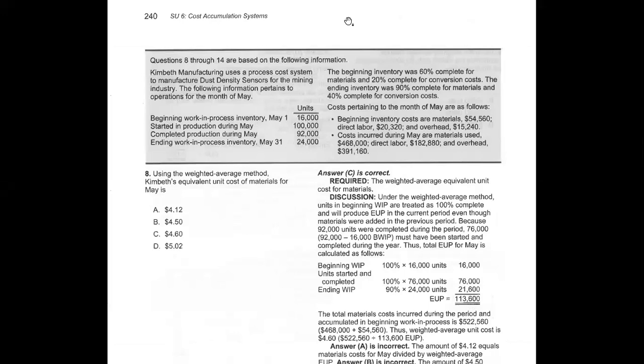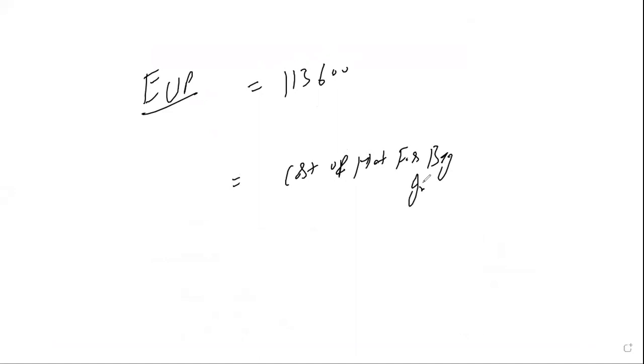That was 113,600 equivalent units of production. You know the formula how we calculate it. And as a second step, this formula you have to apply: cost of materials for beginning inventory plus cost added during the period.